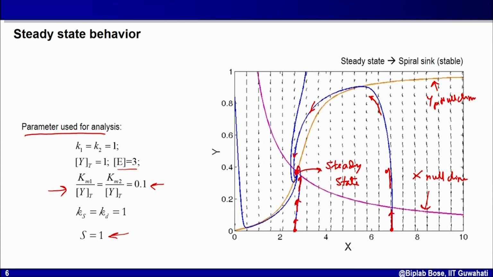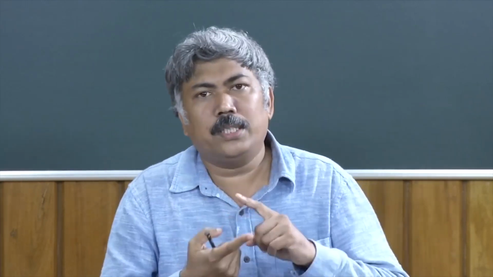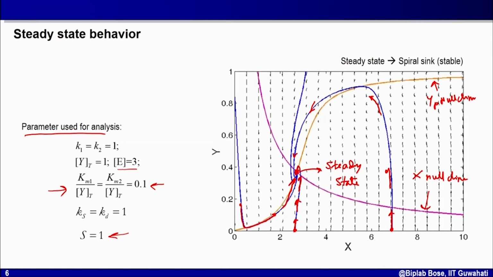If I start somewhere here, then I will follow this trajectory and ultimately collapse at the steady state. So wherever you start from in the phase plane, you eventually move in a spiral path and collapse at the steady state, which is the intersection of YP and X alkalines. So that's why this steady state is a spiral sink steady state, and obviously it is a stable one.